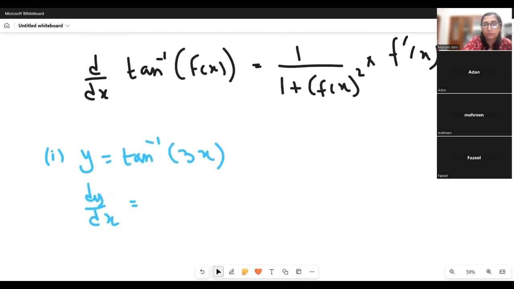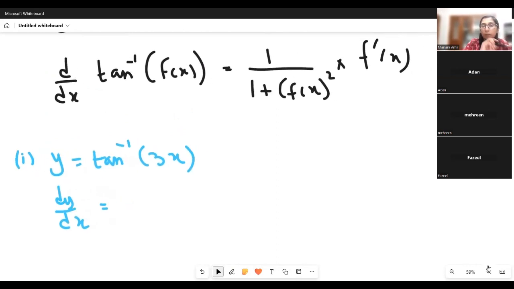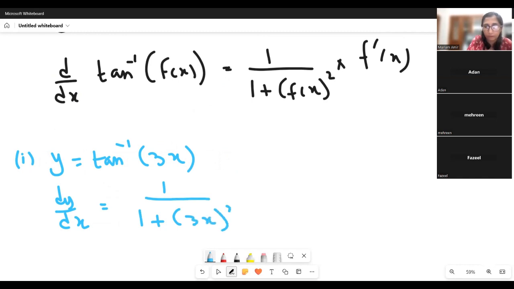So we're going to use this formula, 1 upon 1 plus fx whole square multiplied by the derivative of fx, which is 3. So we get 3 upon 1 plus 9x squared.